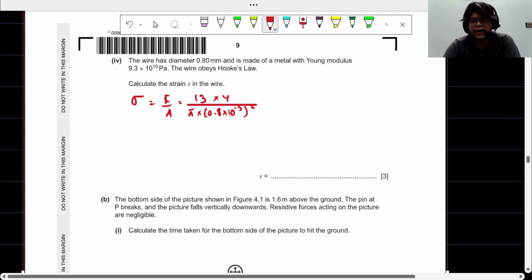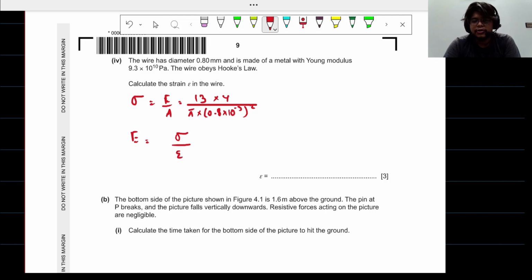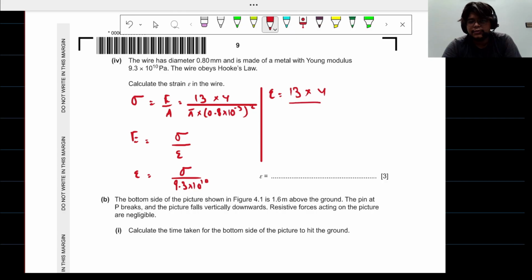Once you have found your stress, Young modulus is stress over strain. So strain would just be equal to stress divided by the Young modulus, which is 9.3 times 10 to the power 10. If I write the complete expression for strain, it would be strain equals 13 times 4 divided by pi times (0.8 times 10 to the power minus 3) squared, into 9.3 times 10 to the power 10.